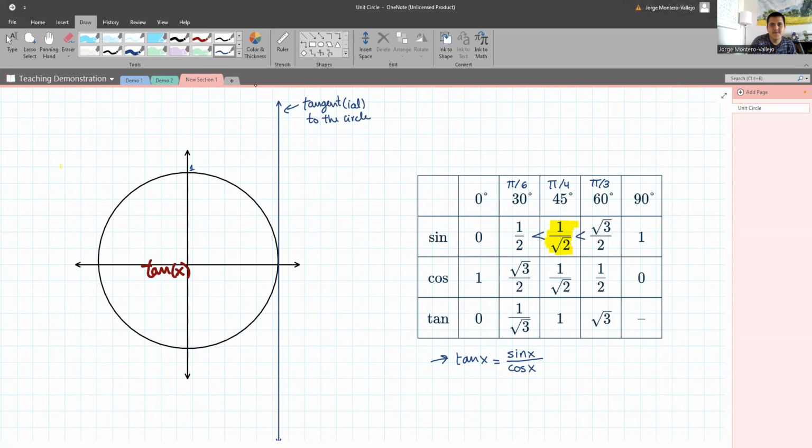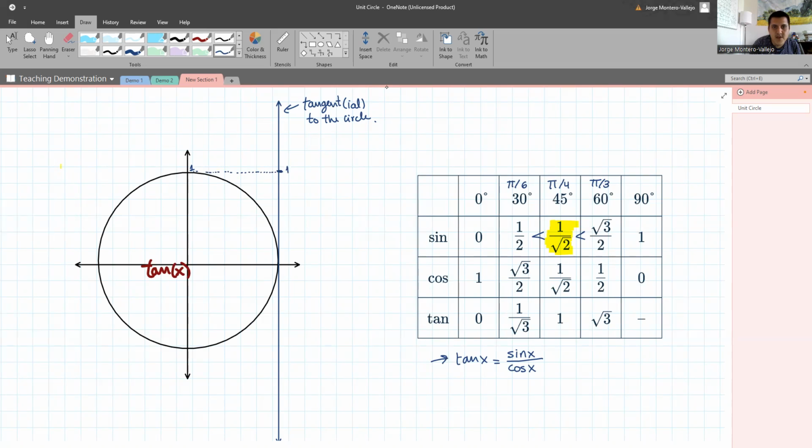Now, the reason I wanted to remind you that we are dealing with a circle of radius 1 is that I want to see that length reflected on this tangent line. So you want to see it as a number line.